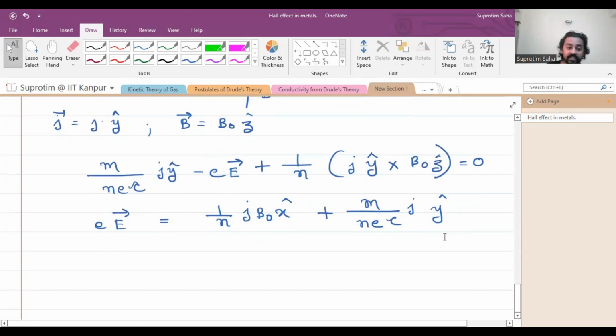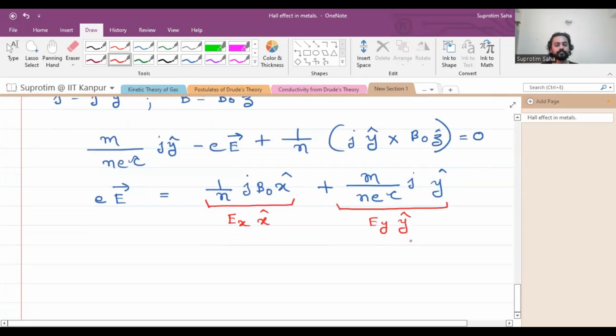So now you see that the electric field has two components: X component, given by Ex X cap, and Y component, given by Ey Y cap.